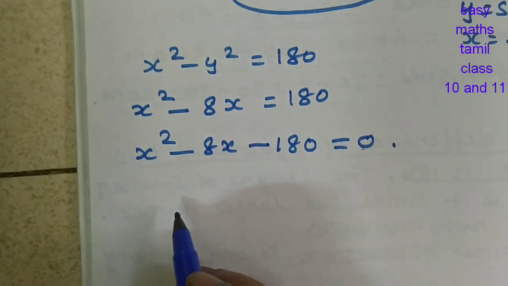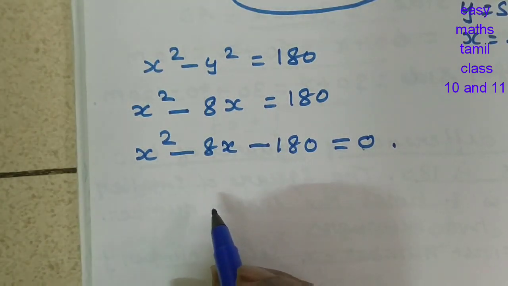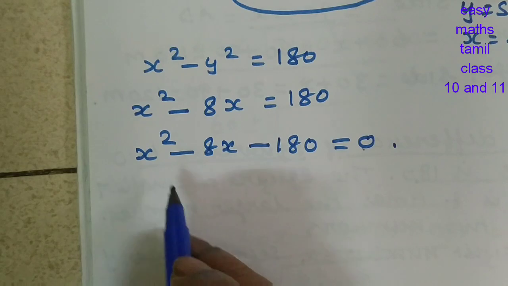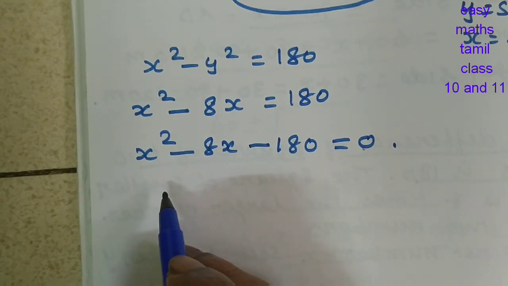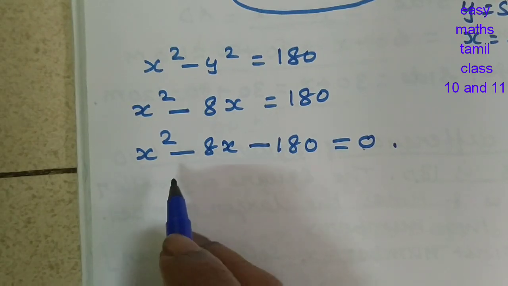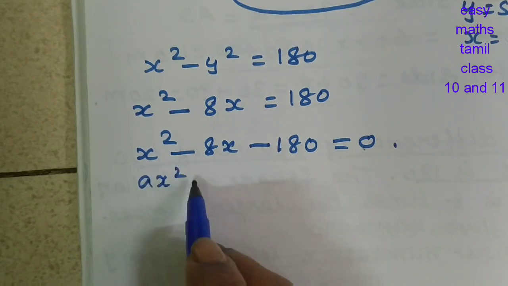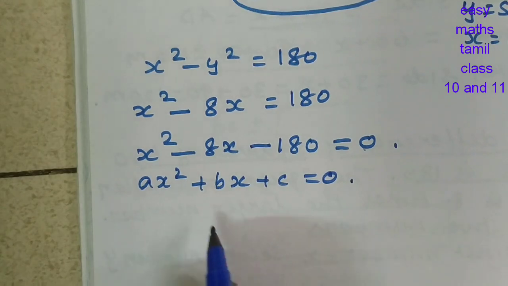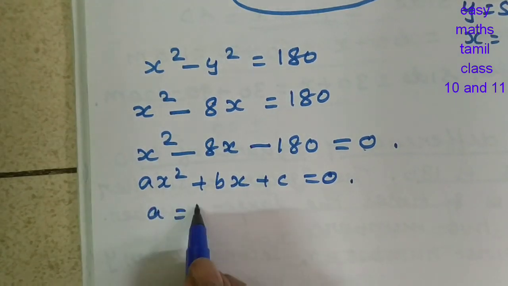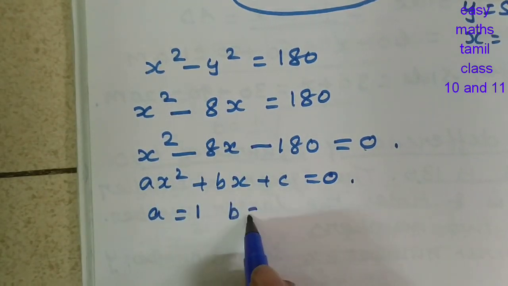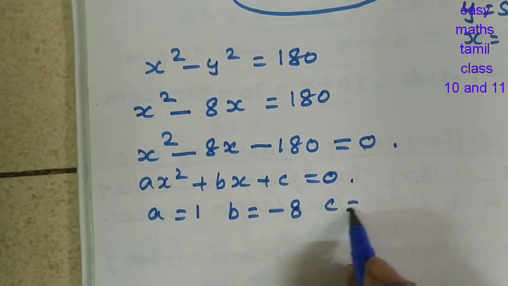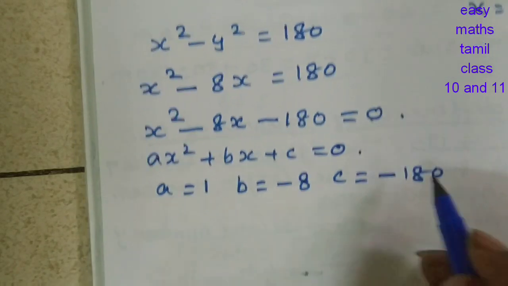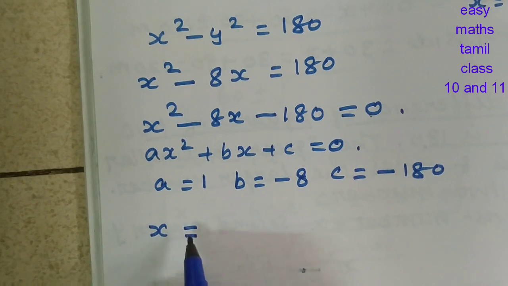Now we have to apply the formula to find the roots of this equation. Now this is in the standard form of ax square plus bx plus c equal to 0, a equal to 1, b equal to minus 8, c equal to minus 180. Now what is the formula to find the roots?